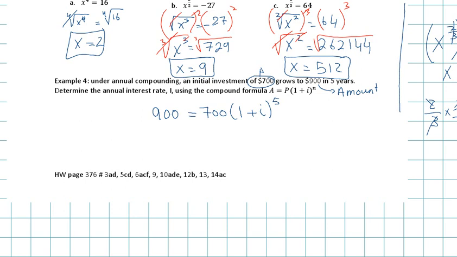I want to get rid of everything with the I; I want I by itself. So 900 divided by 700, not minus, because what I have here is a multiplication. I need to bring it over and it becomes a division.